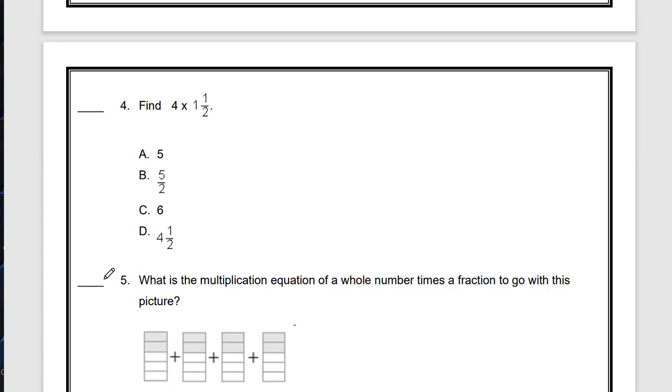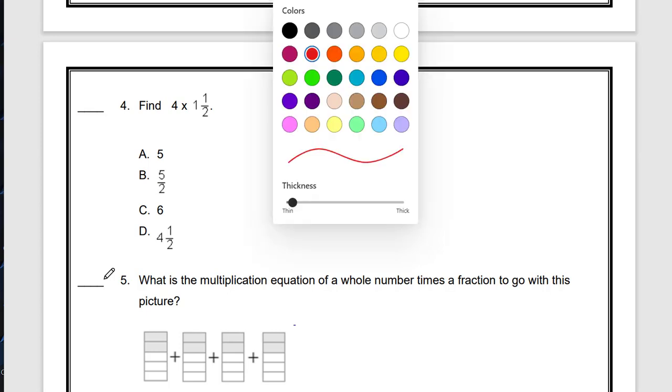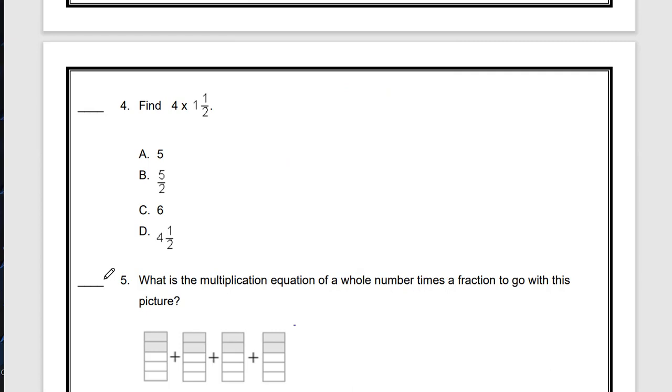Malik Salman, go ahead. Okay. Find 4 multiply 1 and a half. 4 multiply 1 equals 4. 4 multiply a half equals 4 halves. Okay, let's rewrite it. And the 4 halves is an improper fraction.